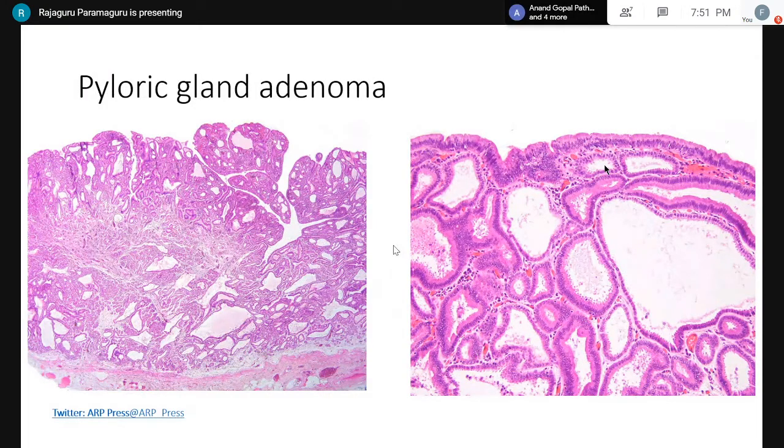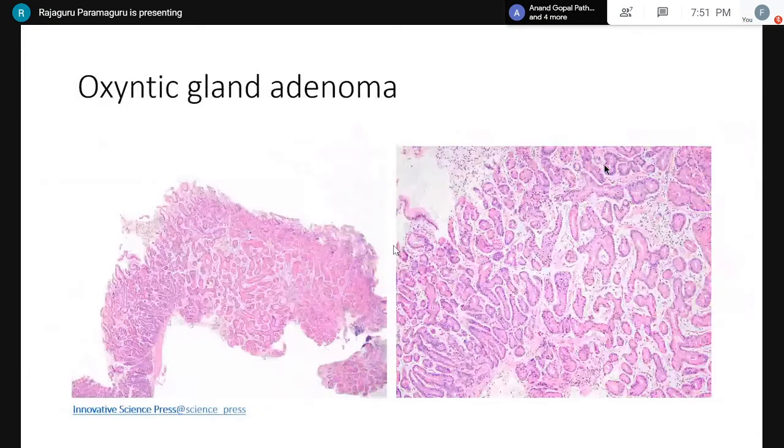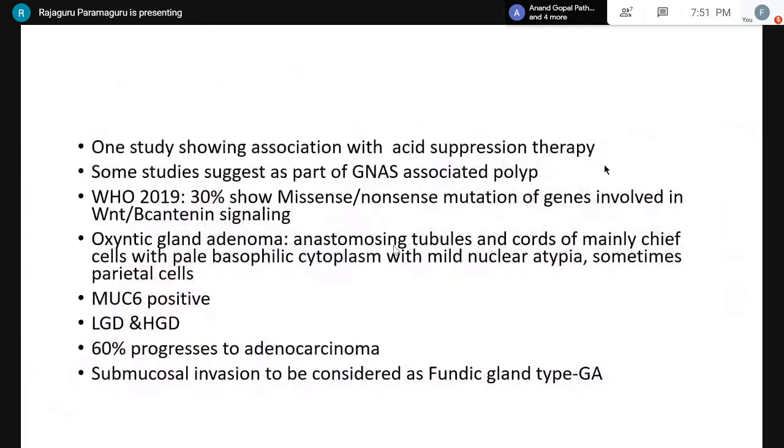So these are the morphological points differentiating them, and both can progress on to carcinoma, but it is more common with the oxyntic gland adenoma. Around 60% progress on to gastric carcinoma, and it is considered as a fundic gland type of gastric adenocarcinoma.